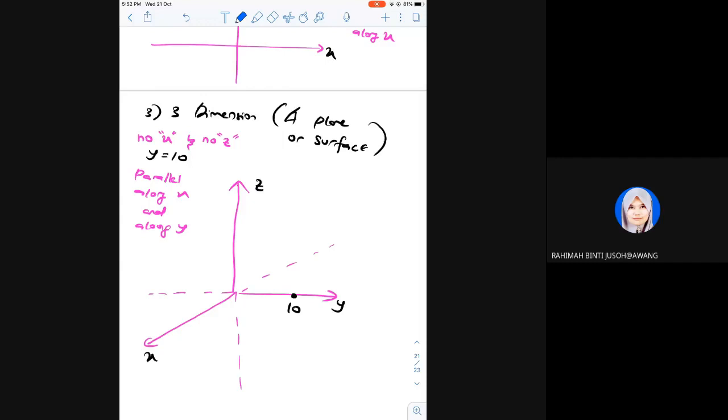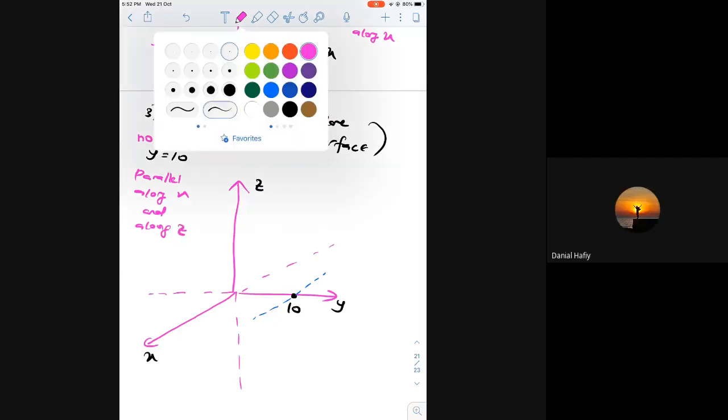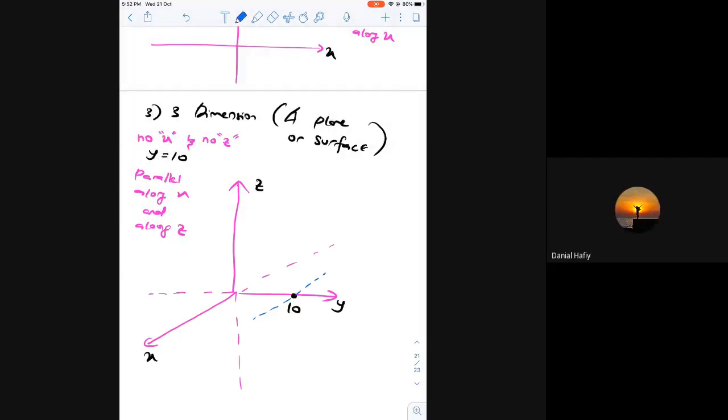Dia mestilah parallel along X. Apa yang you kena buat? You kena buat trace dia dulu, traces. You kena buat tulang dia dulu. So dia parallel sepanjang paksi X. Dia melalui titik Y equals to 10 tu, tapi dia parallel sepanjang paksi X. And then dia juga parallel sepanjang paksi Z.